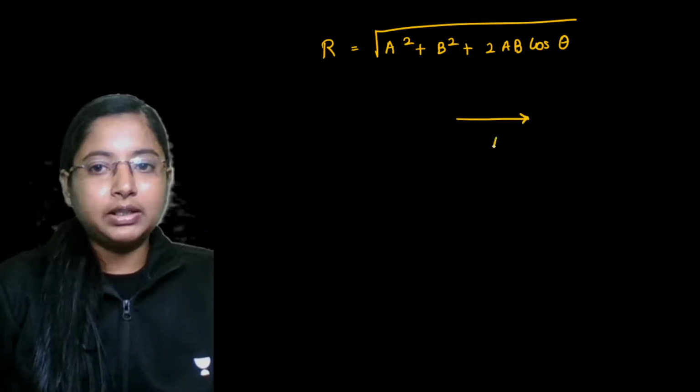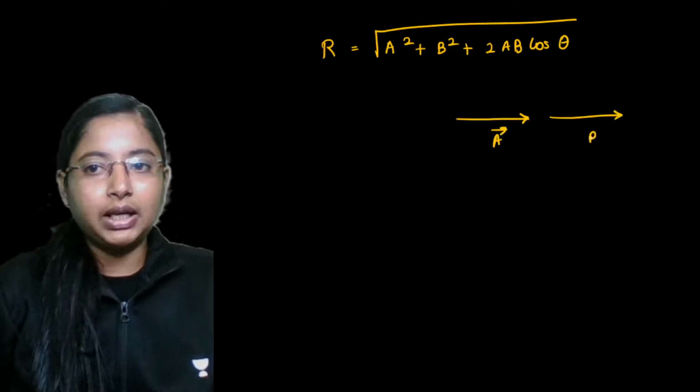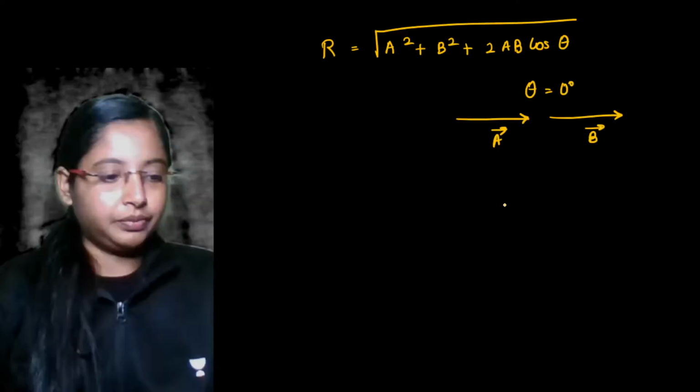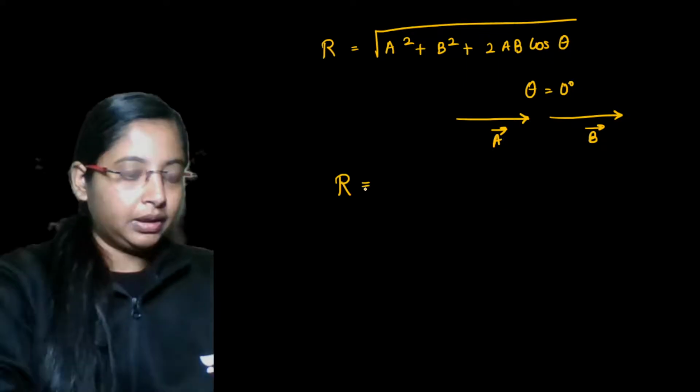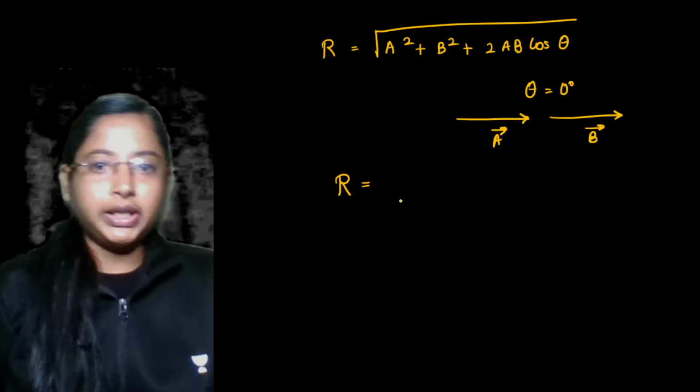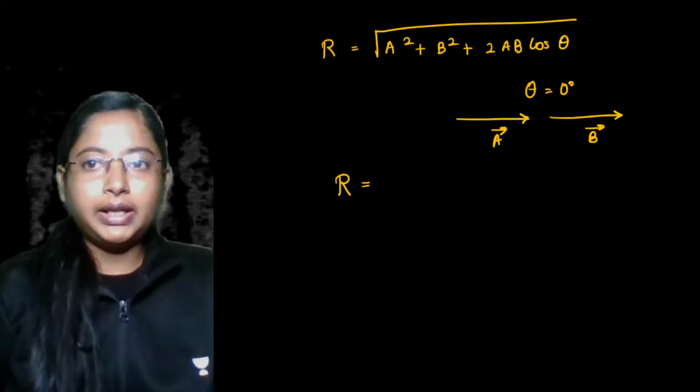If both vectors, A vector as well as B vector, are in the same direction, then the angle between them becomes 0, and cos 0 is 1.